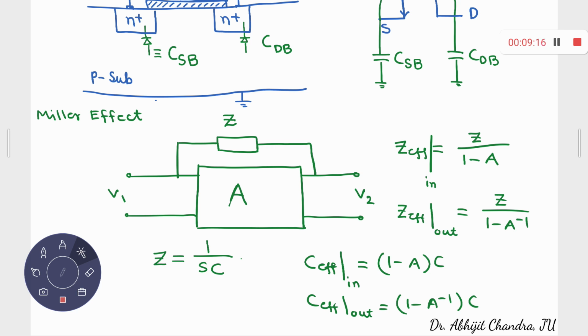So Z effective in will be less as compared to Z. And as you know, this is the relation between the impedance and the capacitance of any capacitor: Z is equal to 1 upon SC. Therefore, the effective value of this capacitor on the input side is given by 1 minus A times C, and the effective value of the capacitor on the output side is given by 1 minus A inverse times C. That concept we can simply borrow from your electronic circuits course.